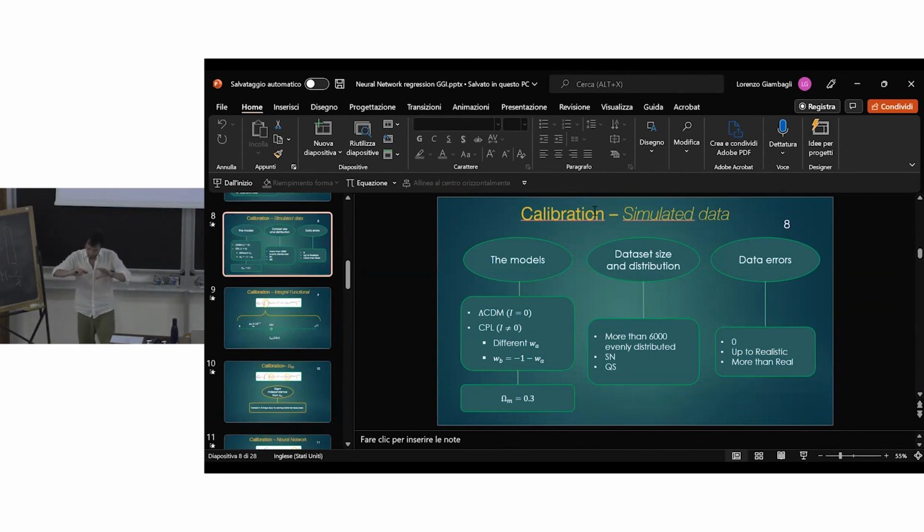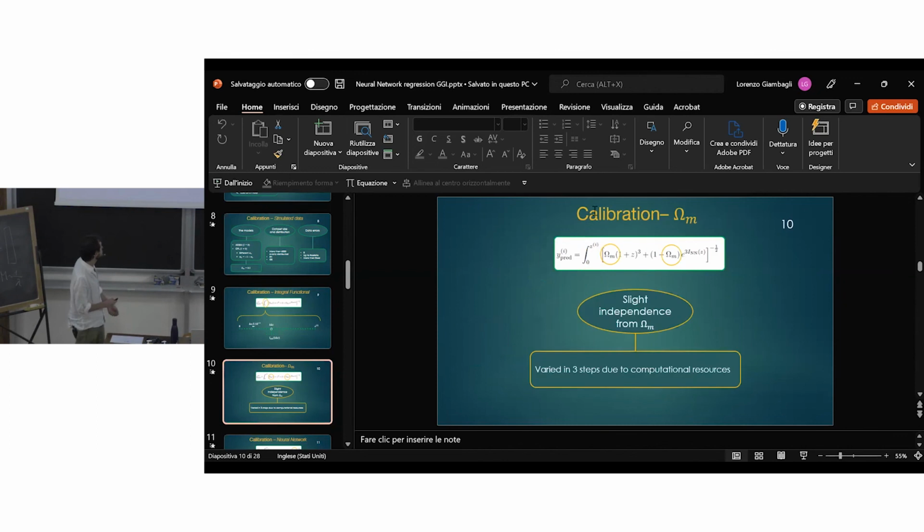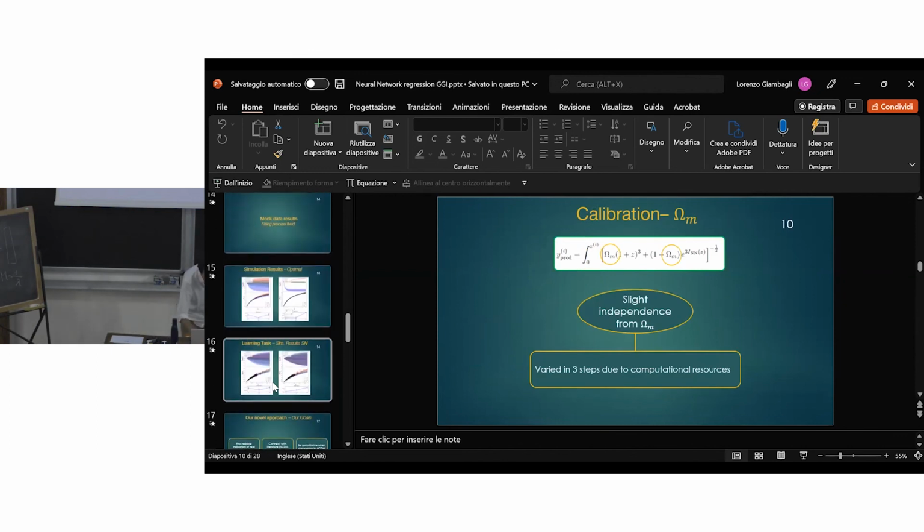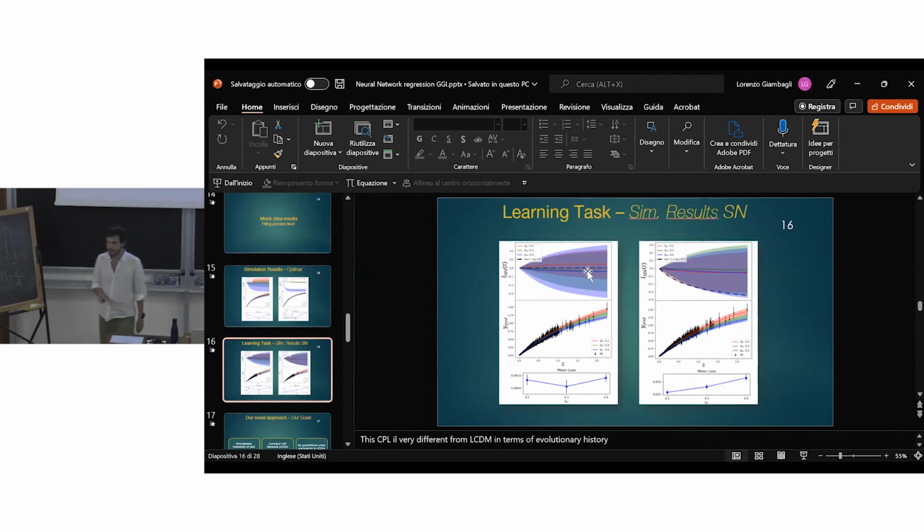So in our hyperparameter optimization procedure, we also took into account that we want to fit the supernovae data very well. The thing is that when they are Lambda CDM, we could fit them very well. So when we simulate supernovae Lambda CDM data, we could fit very well. This is an example of that. As you can see, those are realistic supernovae data, simulated, of course.